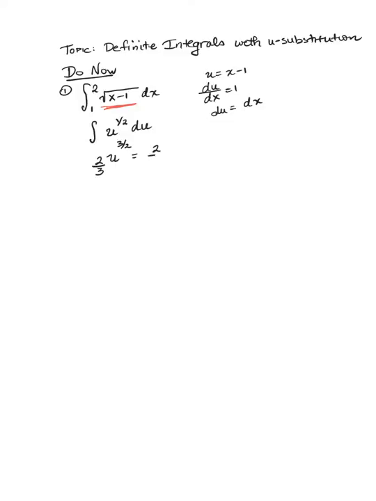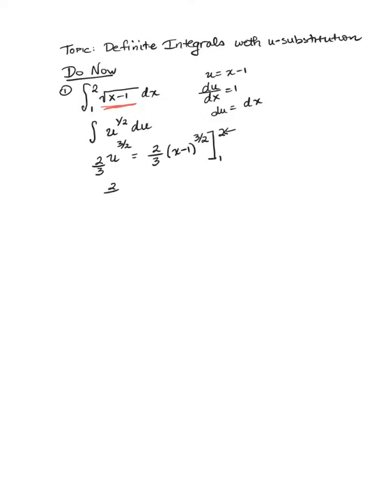But of course, we're going to convert this back into x. So this is 2/3 (x minus 1) to the 3/2 from 1 to 2. And now we can use the first fundamental theorem of calculus. So we substitute the upper limit first.